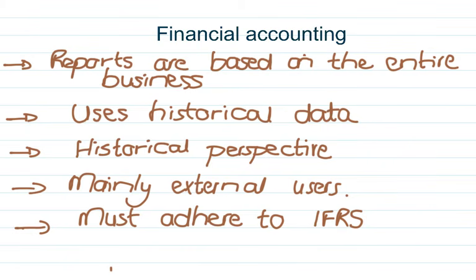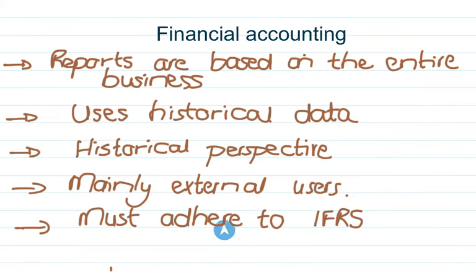So in other words, it has a historical or a past perspective because it shows you what already happened. Now, mostly your users for financial accounting information will be external. And also, you will remember that there was only one way to do a statement of profit and loss, and only one way to do a statement of financial position.